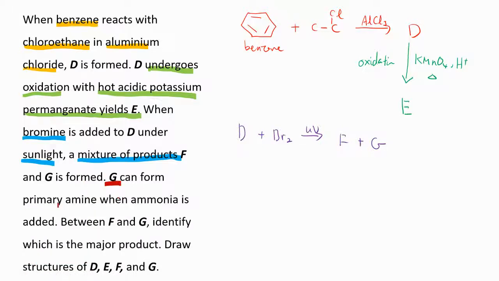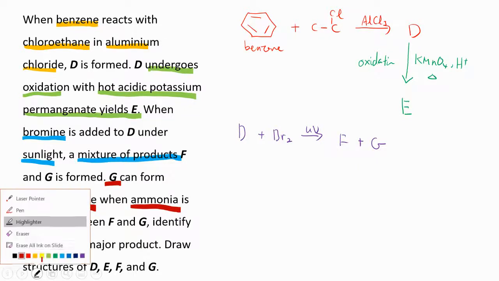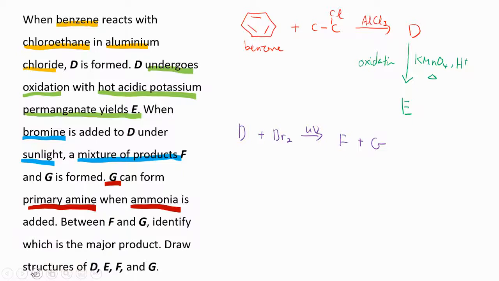Then another one. G can form primary amine when ammonia is added. So we write down here first, another new equation. G when reacting with ammonia can form primary amine.